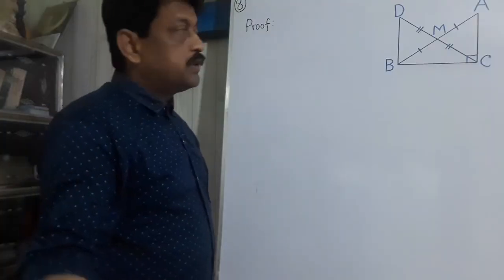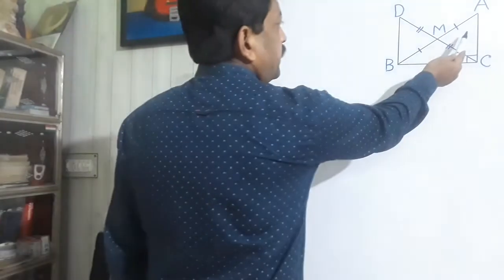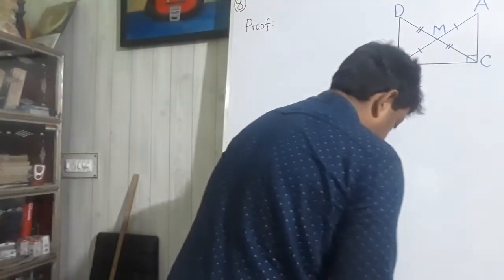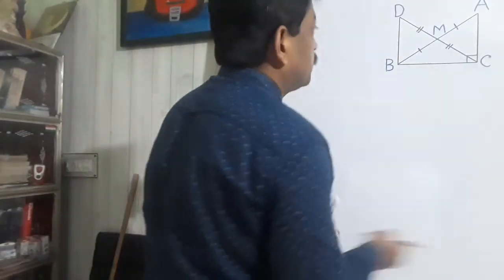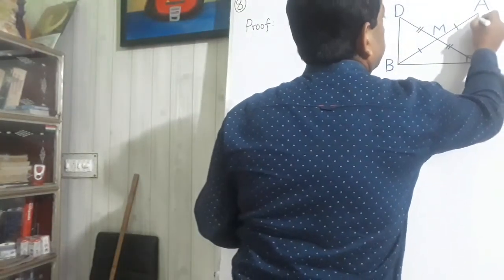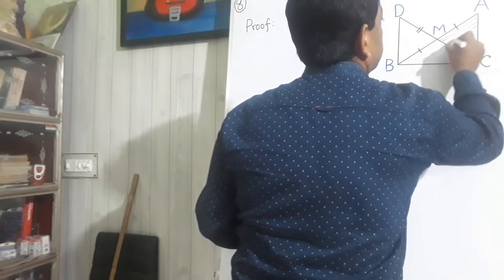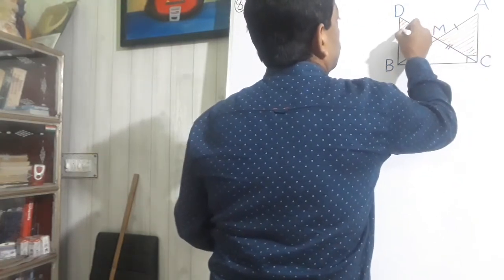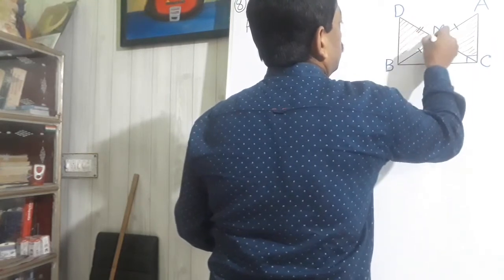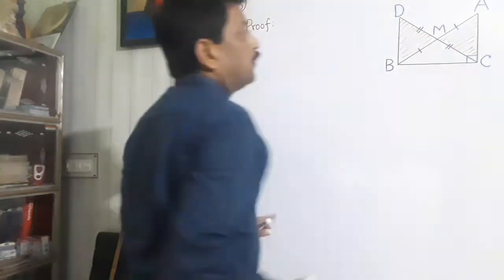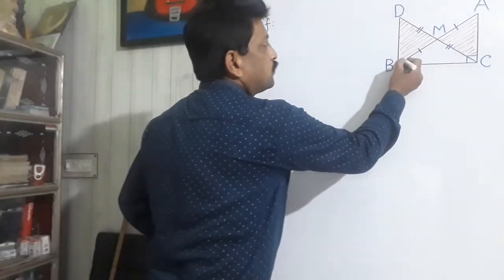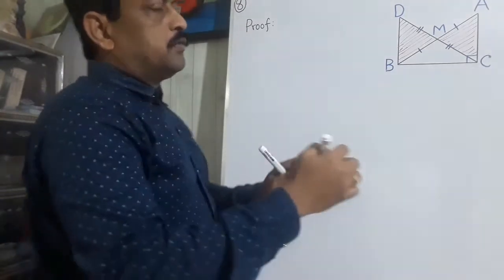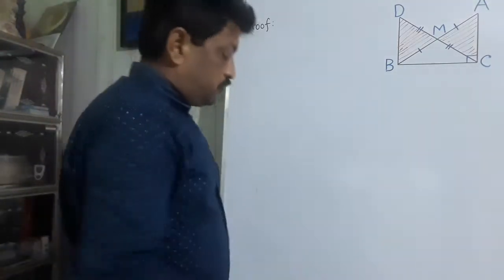So the first question is to show that triangle AMC is congruent to triangle BMD. These two triangles we need to prove congruent. So first of all, as I have told you earlier also, draw a separate diagram of these two triangles.